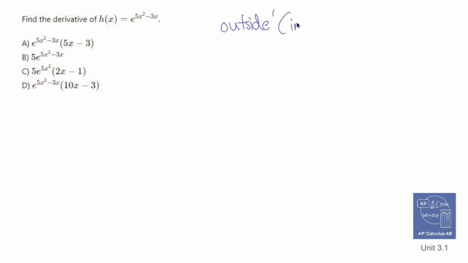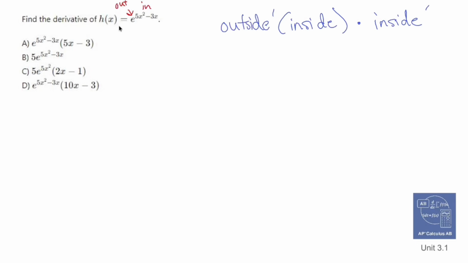You keep the inside stuff the way it is, but then multiply everything by the derivative of the inside stuff. So the function within the function, okay? Now, the within the function part is going to be u. You are my inside stuff because normally it's e to the x. Well, instead of x, I have all of that junk. Okay, my outside stuff is going to be e.